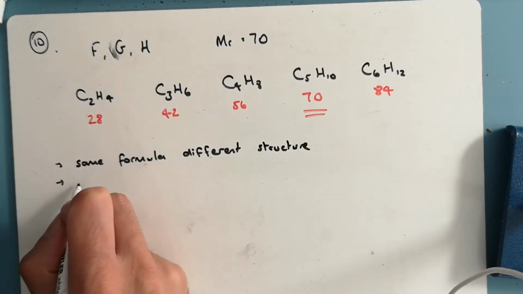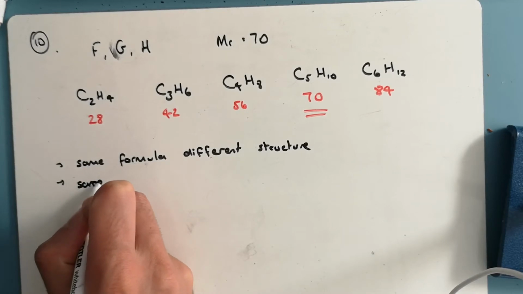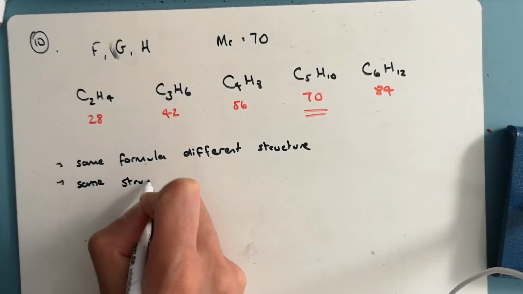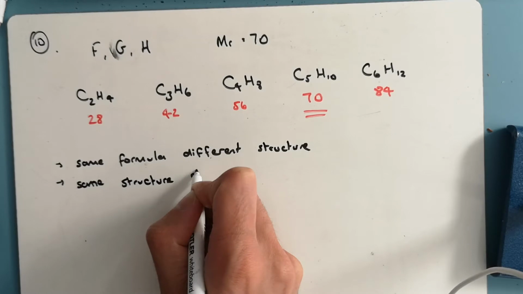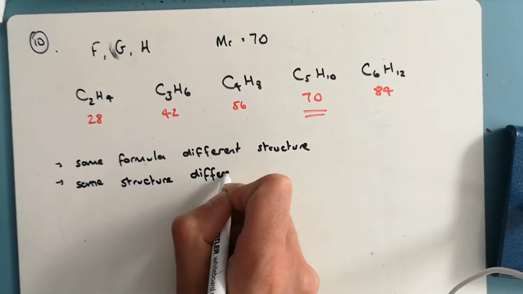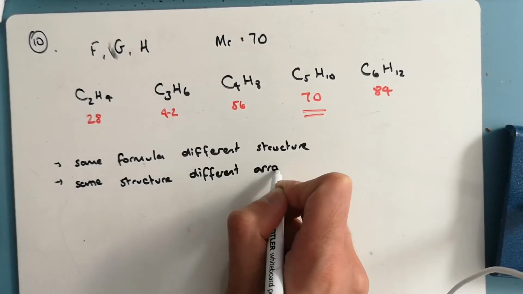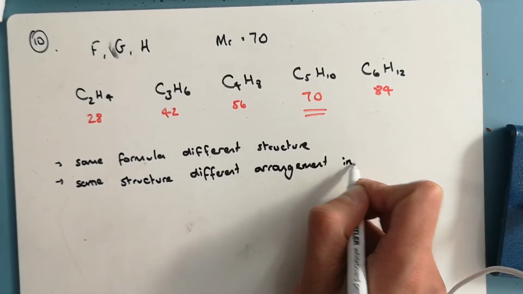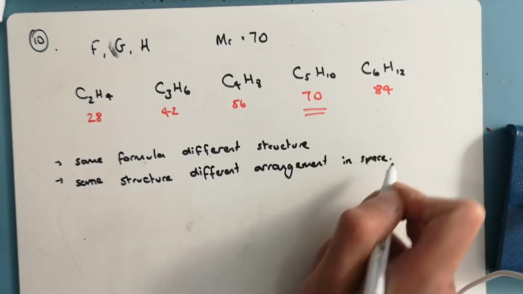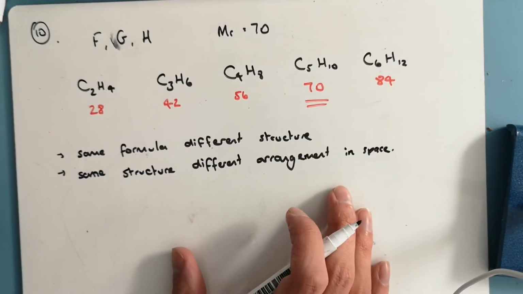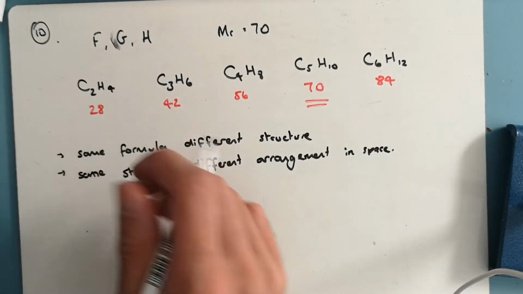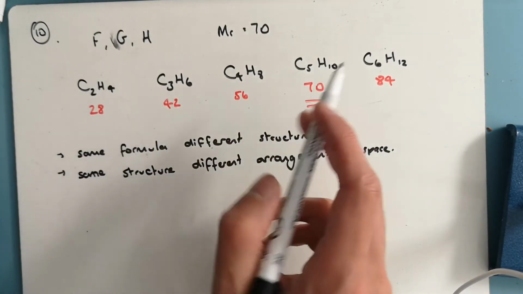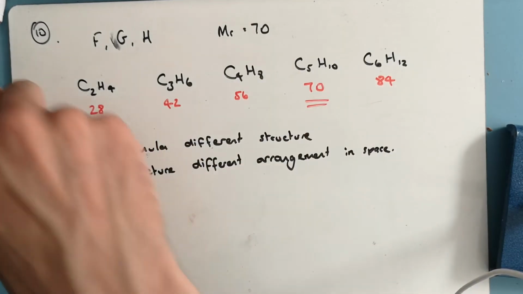Stereoisomers have the same structure but a different arrangement in space. So that's where EZ comes in, or cis-trans. So 1 mark for each of those. I think it's probably 1 mark for this.